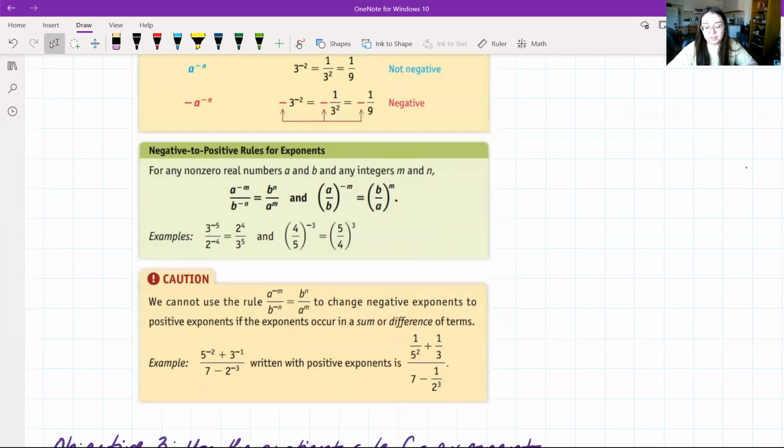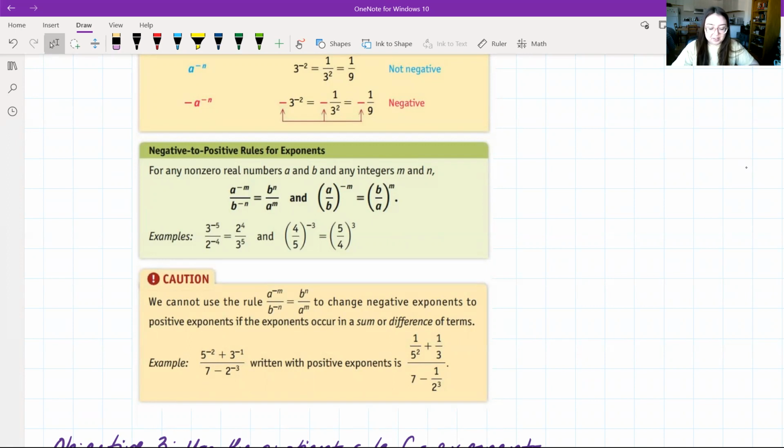So examples would be something like 3 to the power of negative 5 divided by 2 to the power of negative 4. That's equal to 2 to the power of 4 divided by 3 to the power of 5. And if we have 4 divided by 5 to the power of negative 3, we can rewrite that as 5 to the power of 3 divided by 4.